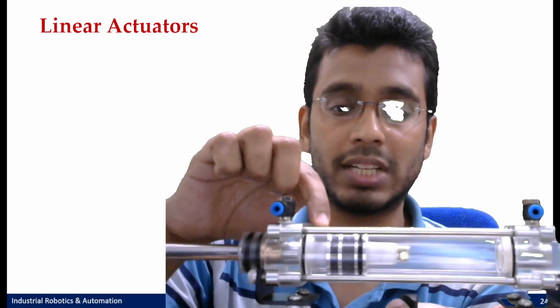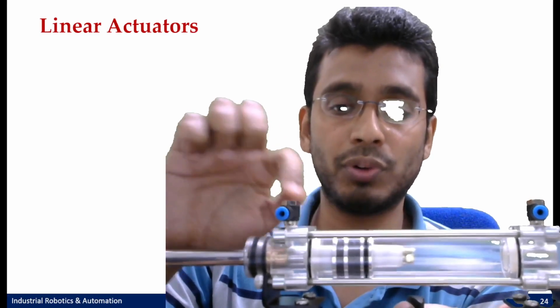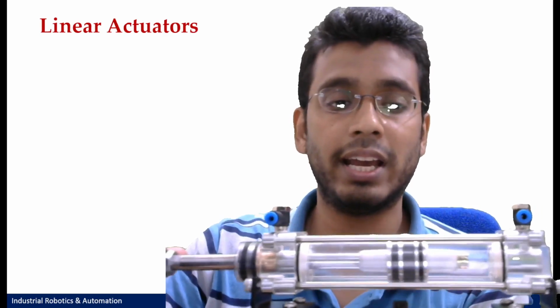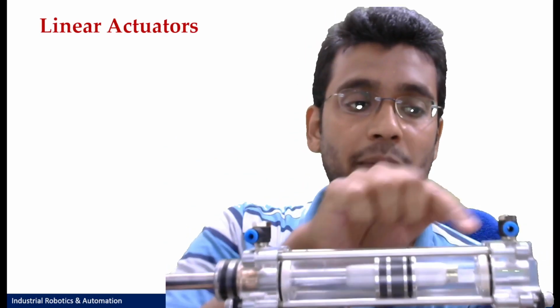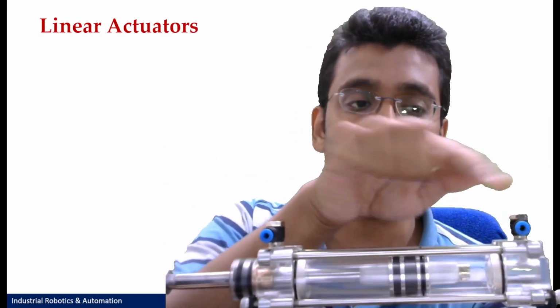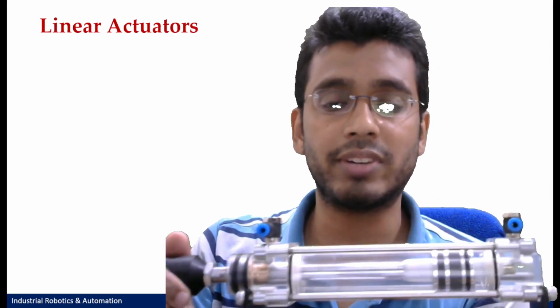You can see this is a transparent arrangement, so fluid will flow through this and push the piston back to this side. Simultaneously, the liquid would get drained from the other side, and it would retract back. So this is known as a double acting cylinder.